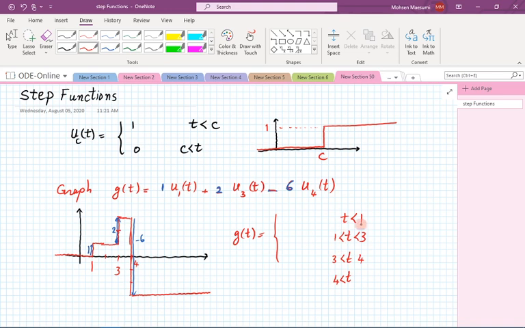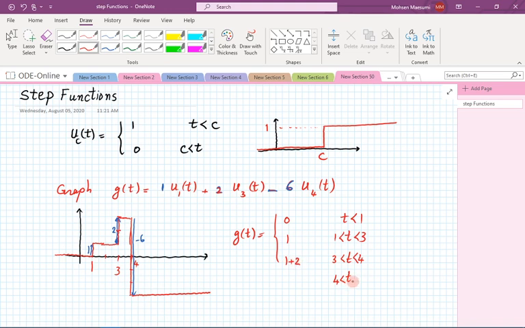So t less than 1, nothing is on, so that is where it's all quiet. Between time 1 and 3 we have only this active, and that one is not there yet, so our function is just 1. From 3 to 4, that is after time 3 but before we hit 4, both of these switches are on, but that one is as yet not active.